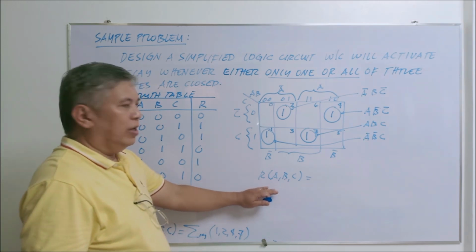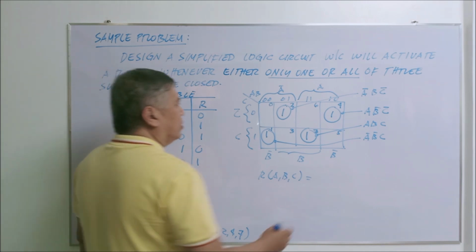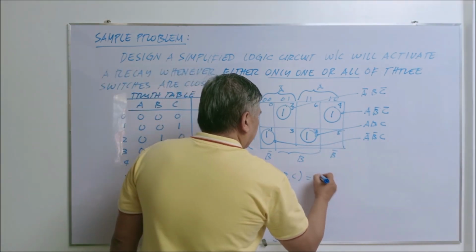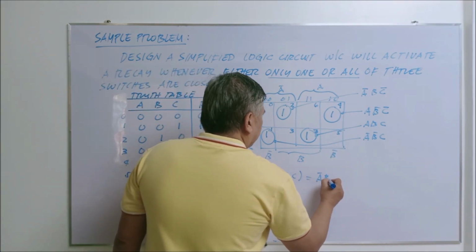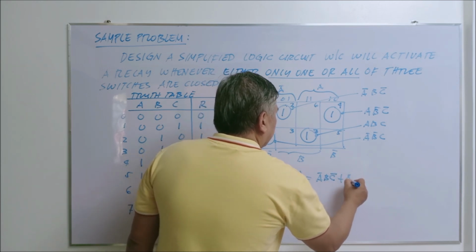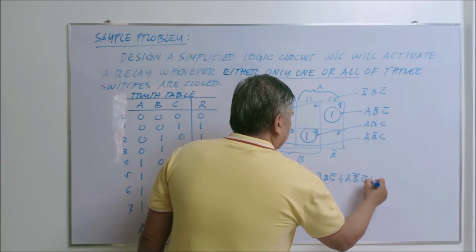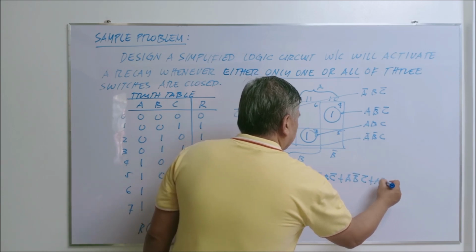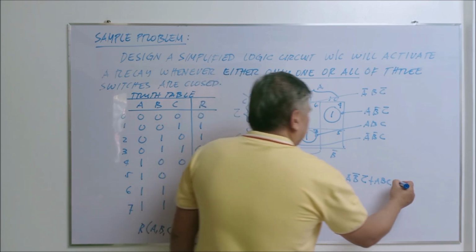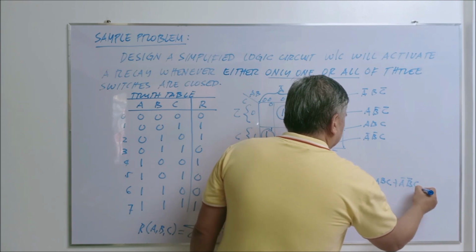So our equation is R as a function of A, B, C equals A bar B C bar, plus A B bar C bar, plus A B C, plus A bar B bar C.